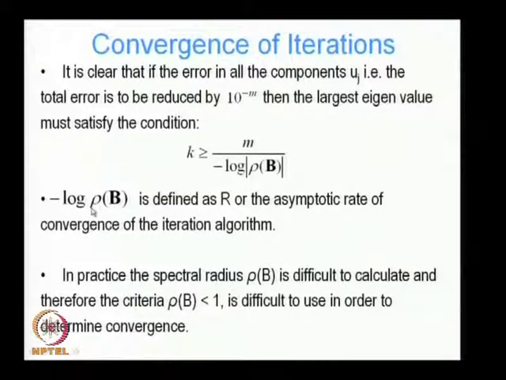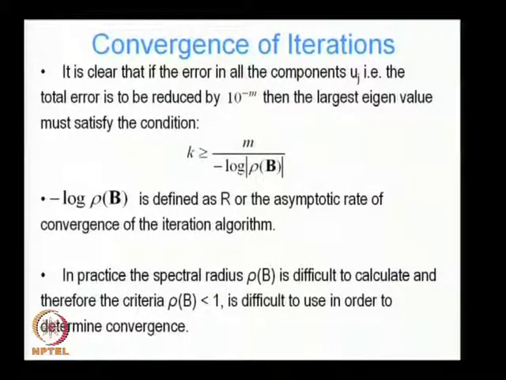This factor, minus log of the spectral radius, minus log of ρ(B), is defined as the asymptotic rate of convergence of the iteration algorithm.